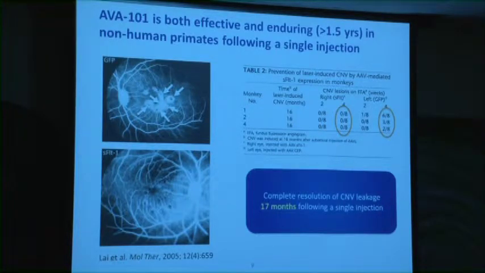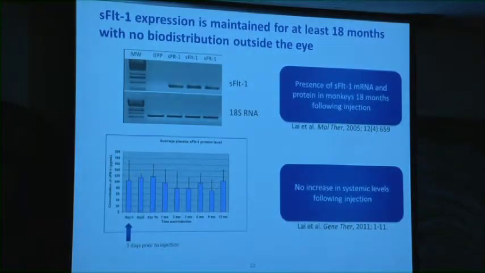So this is a published paper on AVA-101 in primates, which basically prevented choroidal neovascularization using laser-induced CNV 17 months following a single injection. And while there was elevation in the retina, there was no elevation in the systemic of this secreted protein.